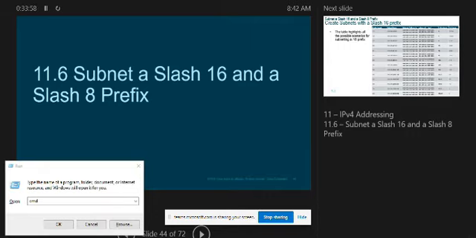So if you guys were making this 0, the network number would be 192.168.0.0/25.